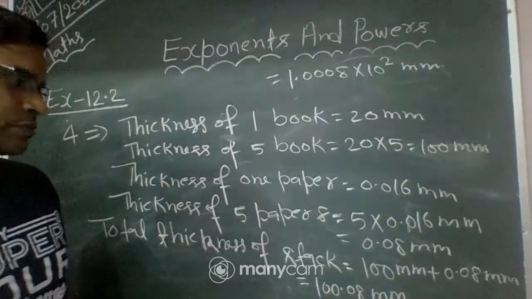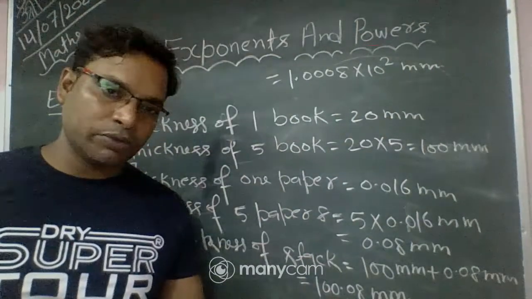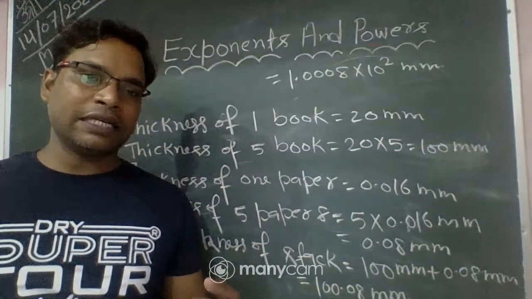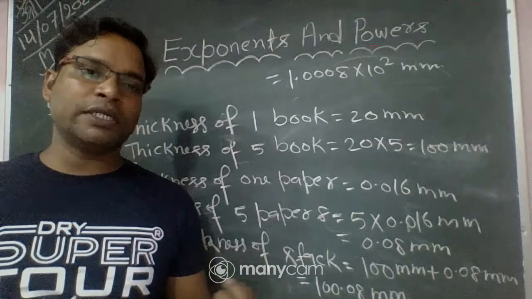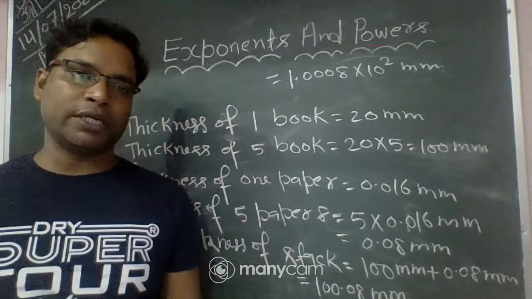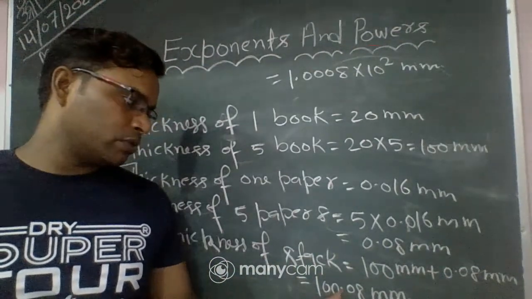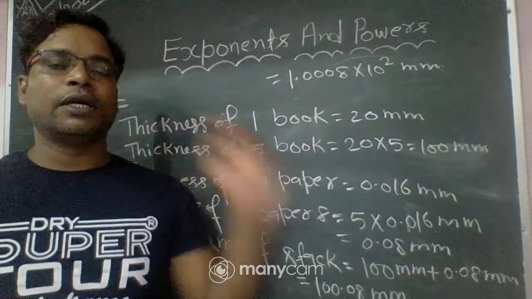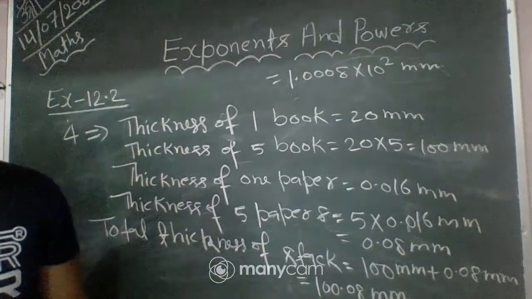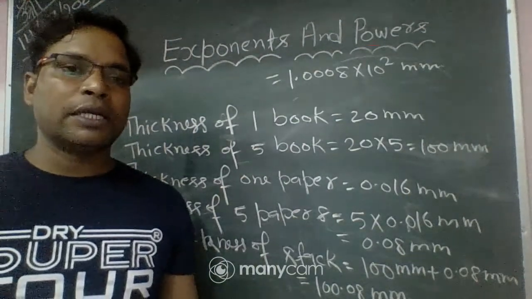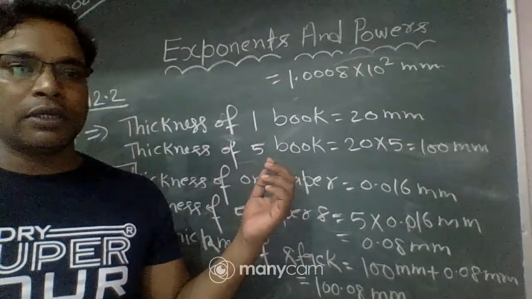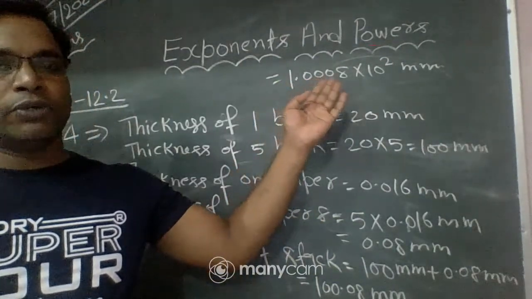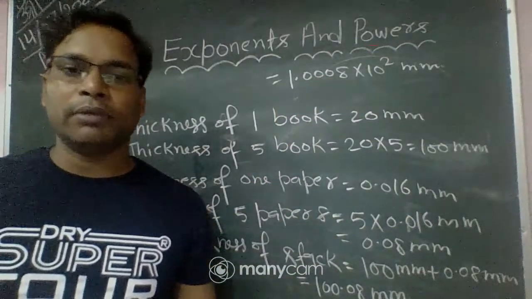Because here the decimal is after 2 digits, and we move the decimal left until we get just 1 digit left of the decimal point. So we move the decimal 2 digits. Decimal moves left in 2 places, so it becomes 1.0008 into 10 power 2 mm.